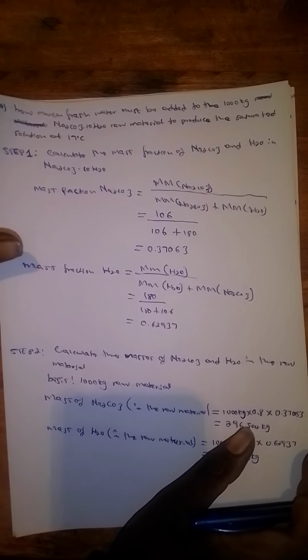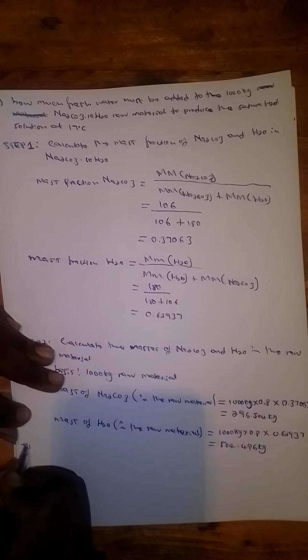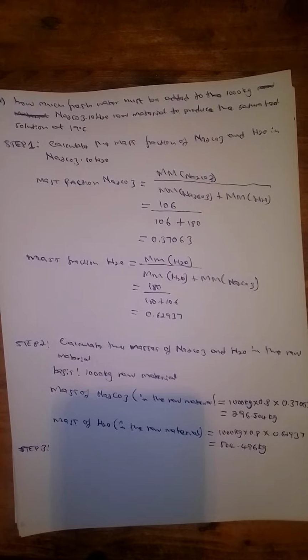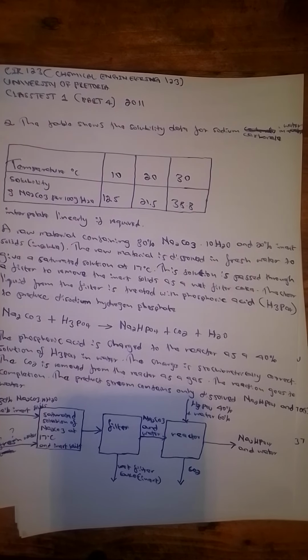Let me just find a cleaner page. Let me just write the step 3 here. I think it will be easier. So our step 3. Now in our step 3, let's remember that we are told that we have a saturated solution of Na2CO3 at 17 degrees Celsius, right?